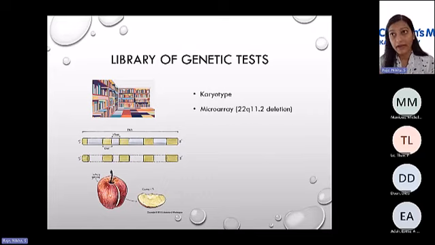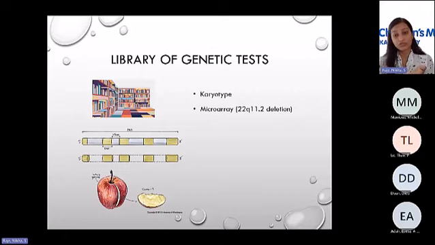Then you can order a microarray. What does microarray do? If you are asked to look for a missing page in the library, standing back and looking at the books wouldn't help you. You have to go to the aisle, pick up a book and turn the pages to see if there is any missing page. That's what microarray does.